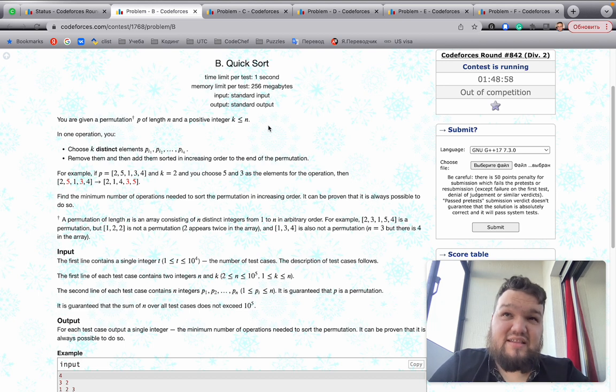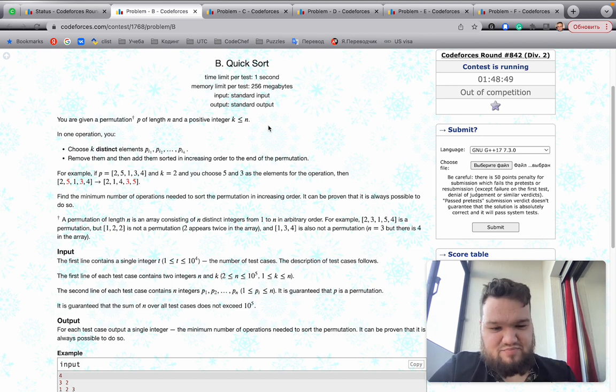In the end, we cannot overshoot. There is no number n plus 1, but we can just take the k biggest numbers. It will be fine still. So we should just find m and then output n minus m divided by k rounded up.